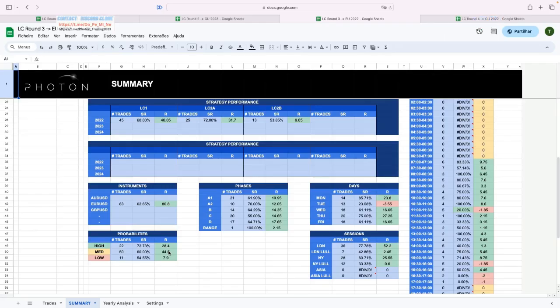I can take A+ setups or just A or B+ setups, whatever. I already know based on my data that taking those medium probability setups is worth it in the long run. I'm still profitable, and this is where the majority of my percentage came from. So I don't need to be super conservative.